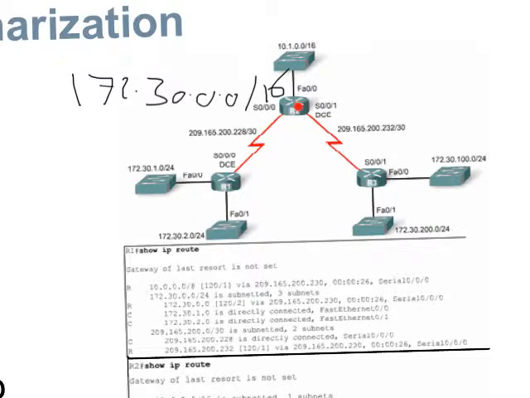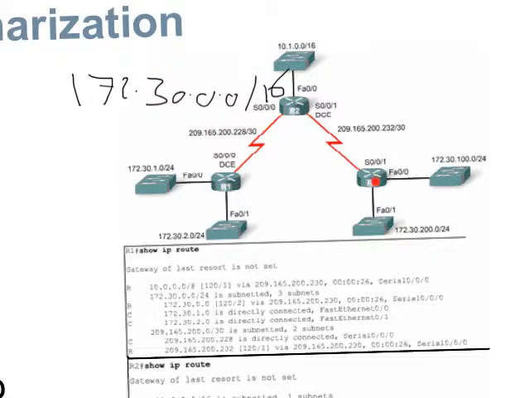That's what we discussed last time, right? So R2 will summarize this to 172.30.0.0. So I have a route entry that says if you have any destination that goes to 172.30.0.0, send it through R1.